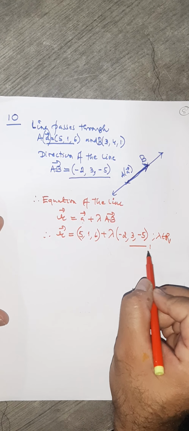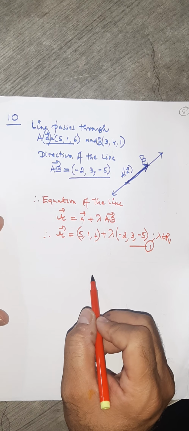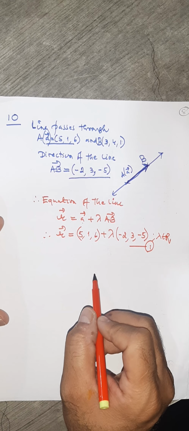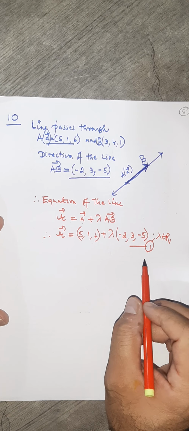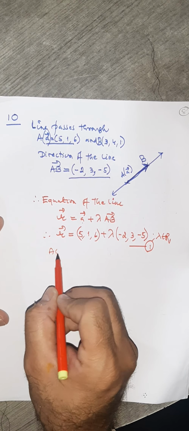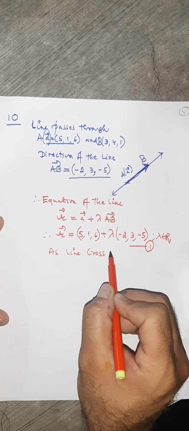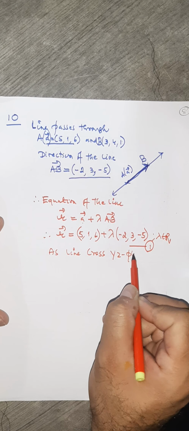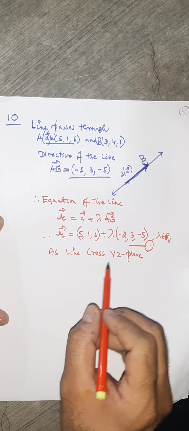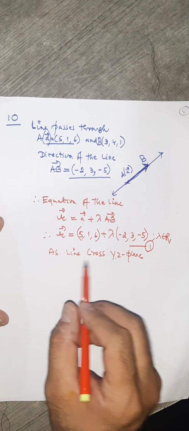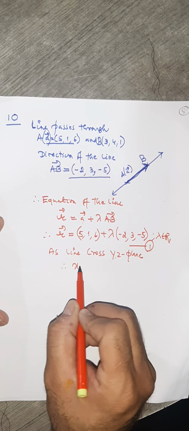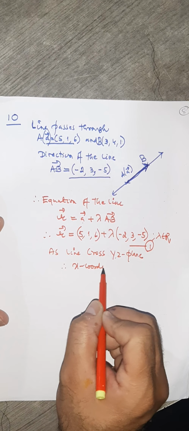This is the line. Now what is given? You are given that the line crosses the YZ plane. Now which variable is absent here? X. Therefore the x coordinate must be 0 there.